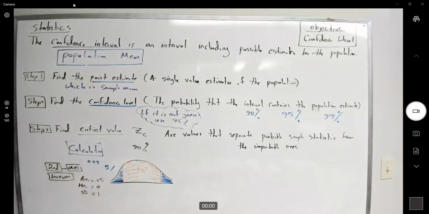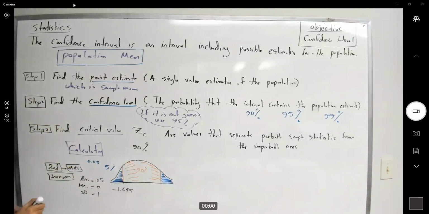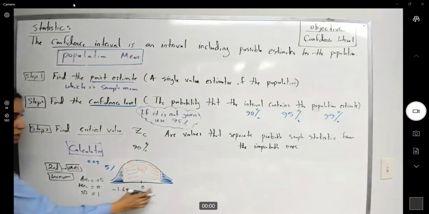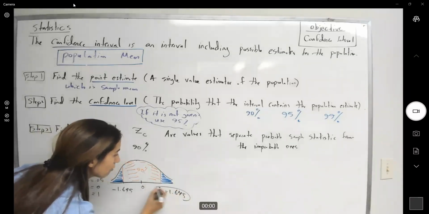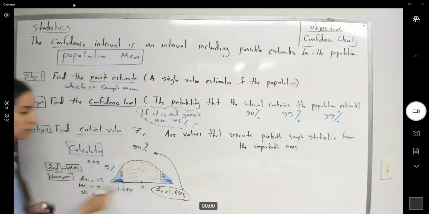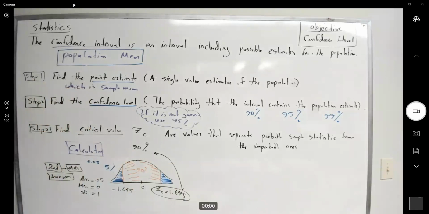After punching this, it gives you the number on the left-hand side, negative 1.645. The Z value is a positive number. The Z score is on the right-hand side of this negative Z score. Your Z sub C is positive 1.645. So for 90% confidence level, the critical value is 1.645.